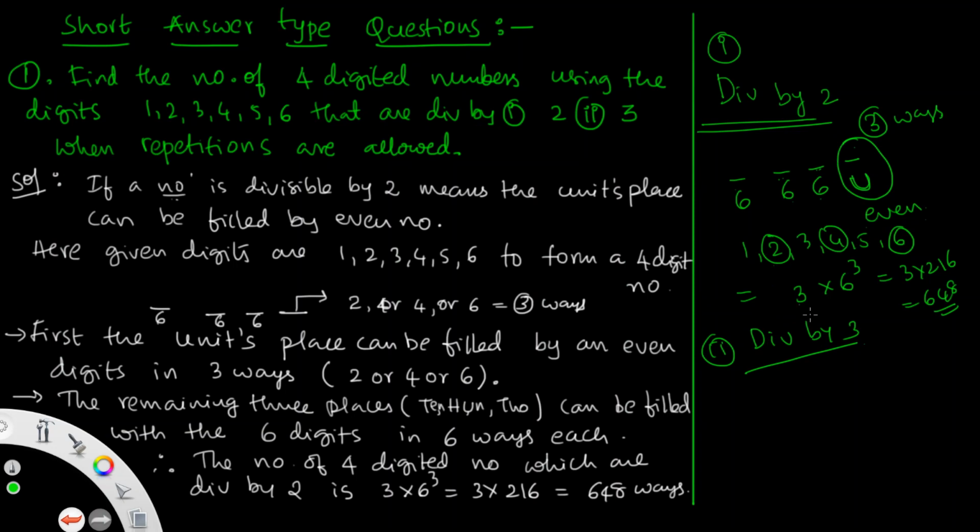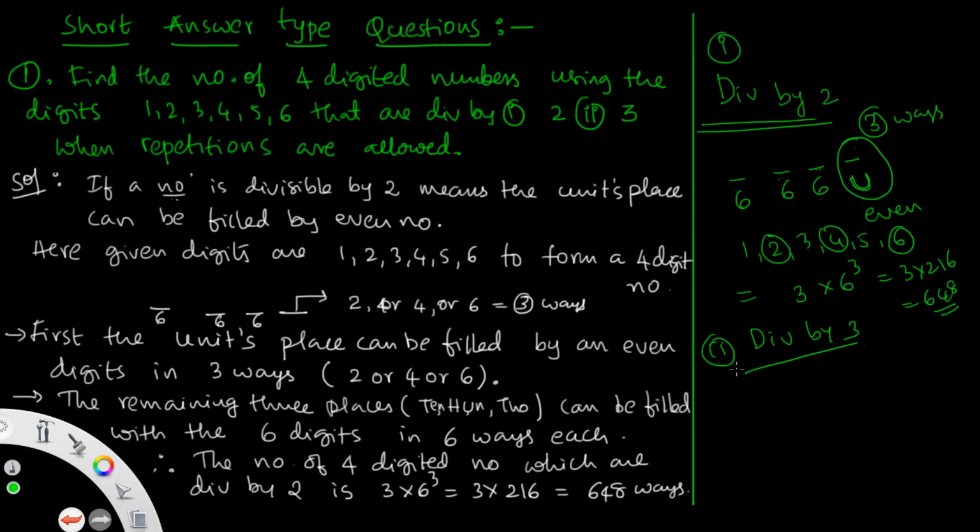For the remaining places, since repetitions are allowed, each place can be done in 6 ways. Total value is 6 into 6 into 6, that is 6 cube into 3. This is the value for divisibility by 2, out of the total you get 648 numbers. And similarly, the divisibility rule by 3.